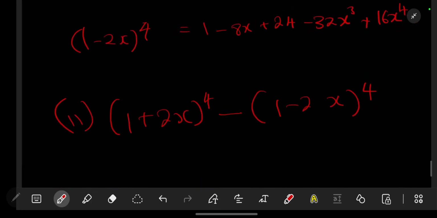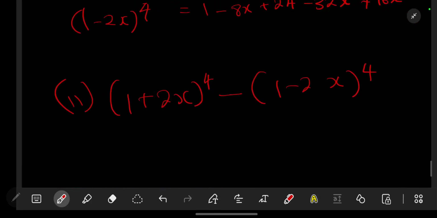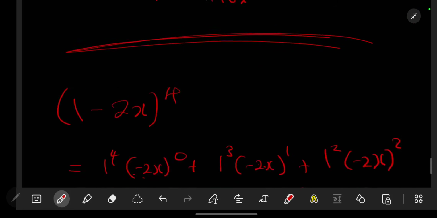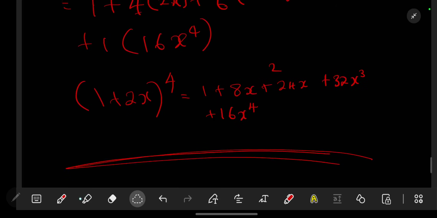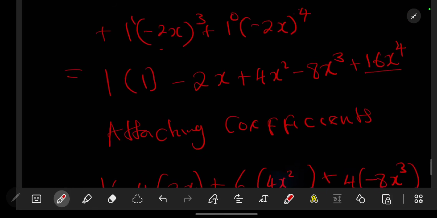So what we are going to do is subtract the expansions. So we are just going to get it like this. It will be equal to our 1 plus our 8x. Okay, so let's just get this.